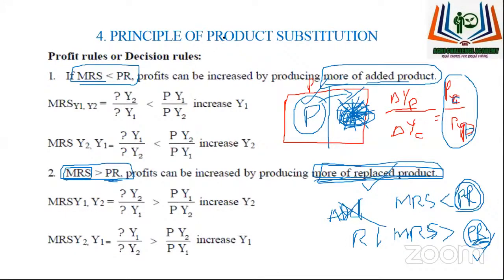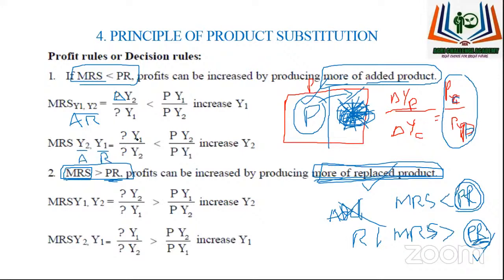Here two formulas are given. For substitution of y1 for y2, y1 is added, y2 is replaced, so it is change in y2 by change in y1, replaced by added. For the marginal rate of substitution of y2 for y1, y2 becomes added, y1 becomes replaced.